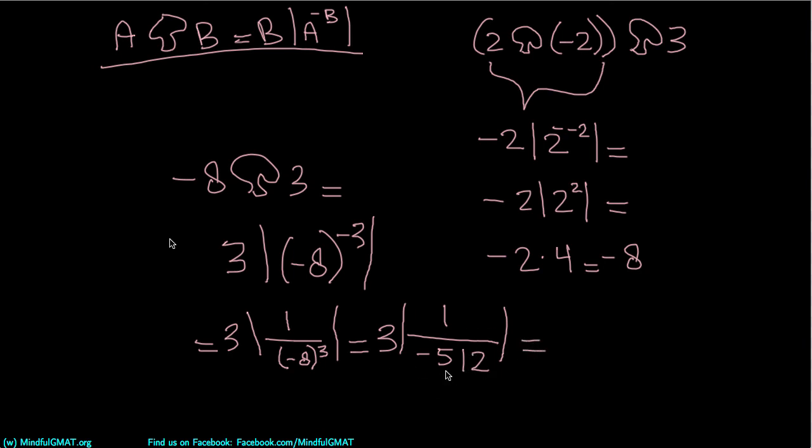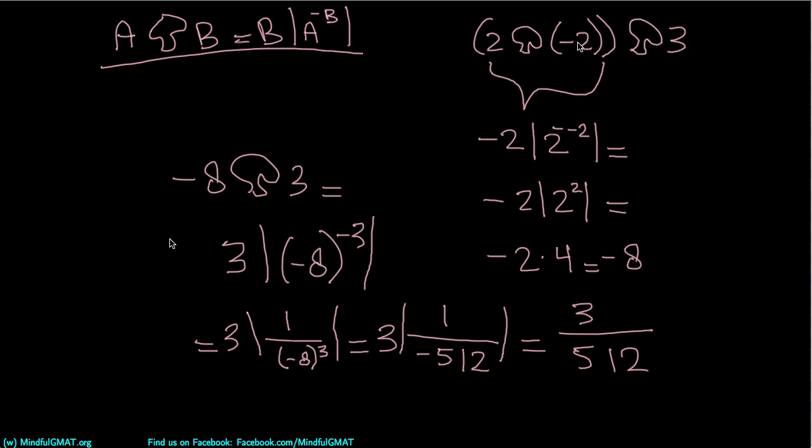Since this is a negative number in between the absolute value signs, it becomes positive. So your answer is going to be 3 divided by 512.